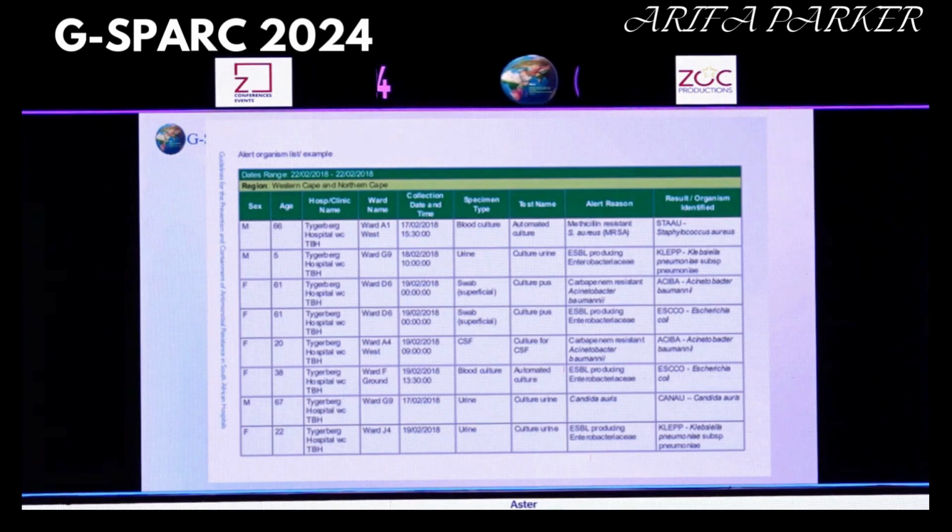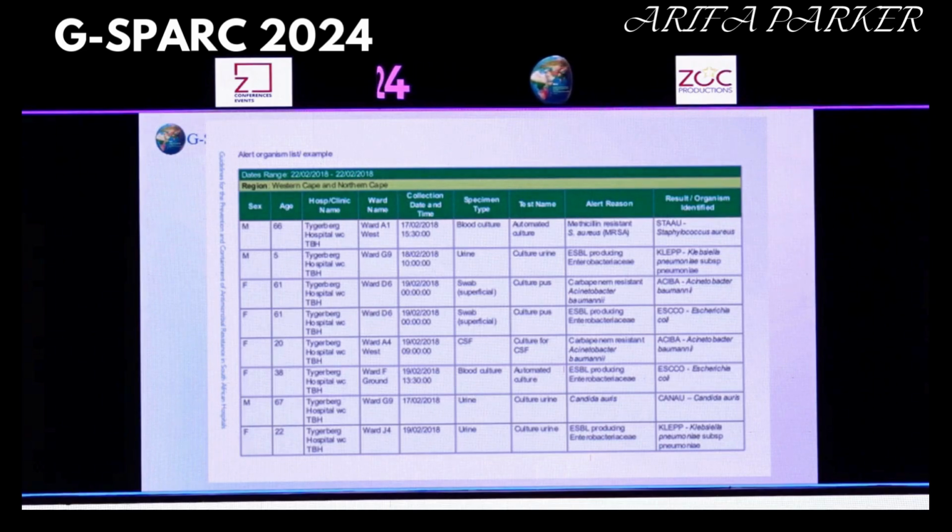And the reports don't have denominator data, so you wouldn't know how many specimens were submitted, the total number of patients that were sampled, or even the total number of patients admitted. So one would have to add all of that data to make the alert organism data interpretable in terms of HAI rates and so forth.